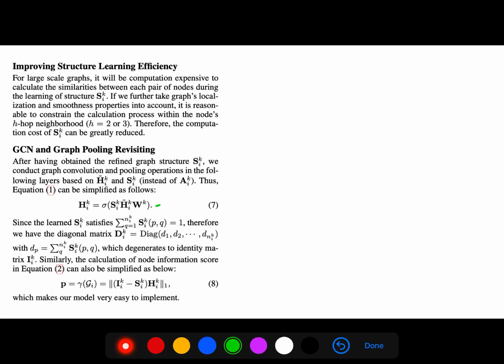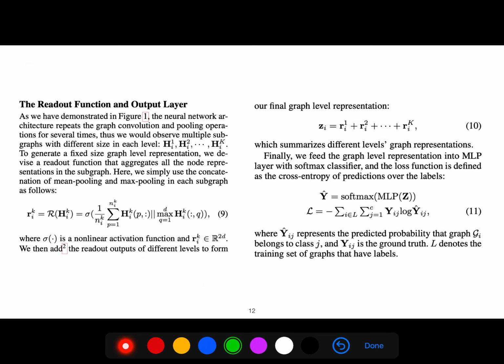So we can have this update, and since the learned S satisfies sum equal to 1, therefore we have the diagonal matrix, which degenerates to identity matrix I. Similarly, the calculation of node information score can also be simplified like this equation, which makes the model very easy to implement. Then we got the readout of what we have obtained.